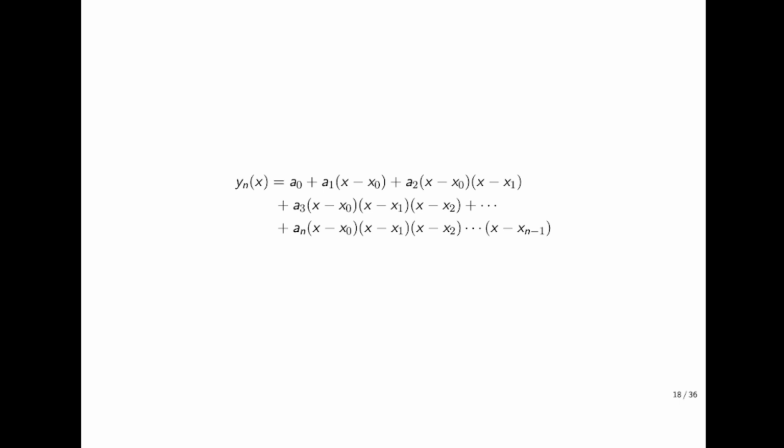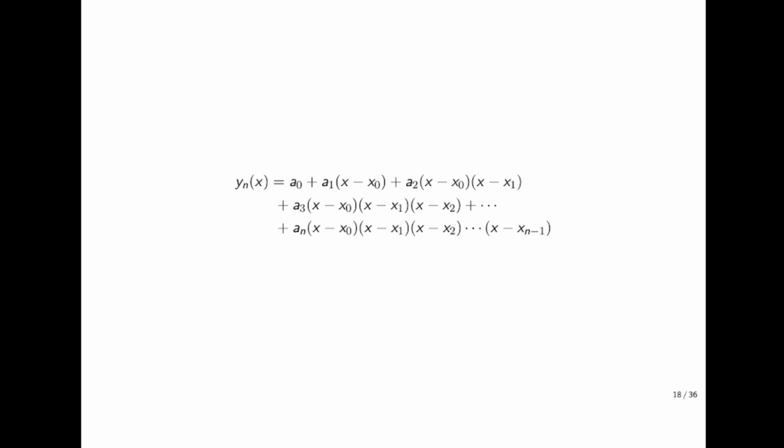That is, when we substitute x equal to x0, yn of x0 is y0. When you substitute x equal to x1, yn of x1 is y1. We will use this to find the values of the coefficients a0, a1, etc. Let us see how you can do this. You can take a sheet of paper and work along with this.